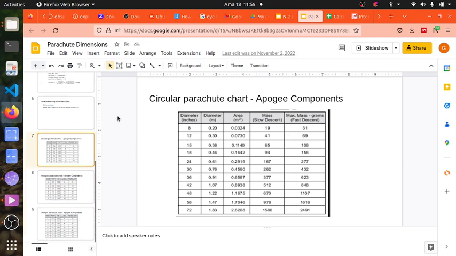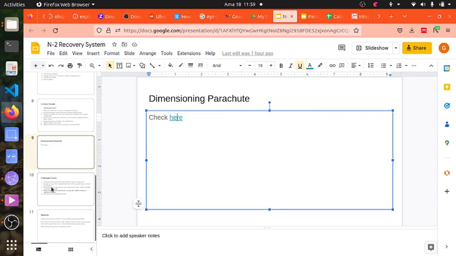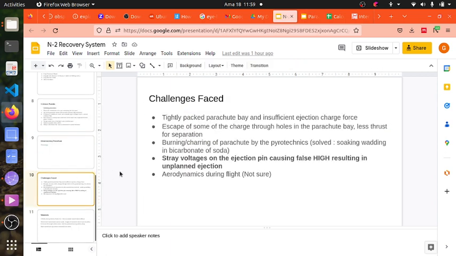So apart from that, we have looked at parachute sizing and the challenges that we faced. Most challenges we faced were mechanical, like the parachute being tightly packed in the bay and having insufficient ejection charge force.